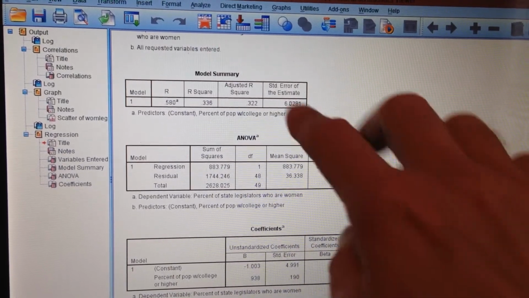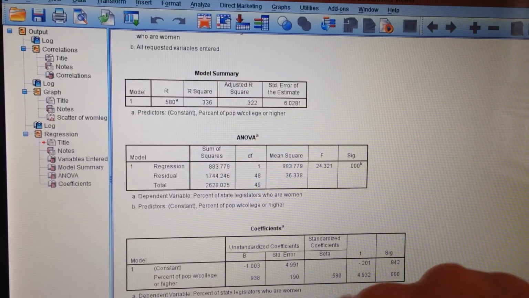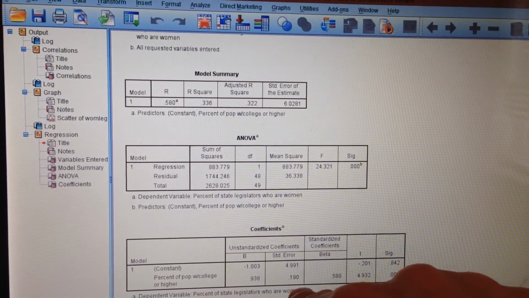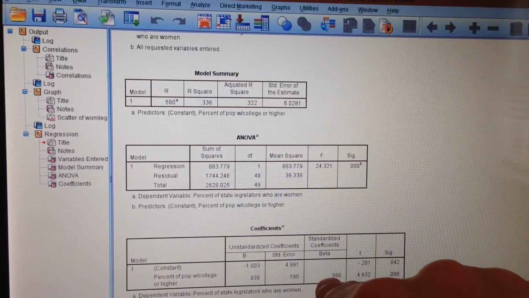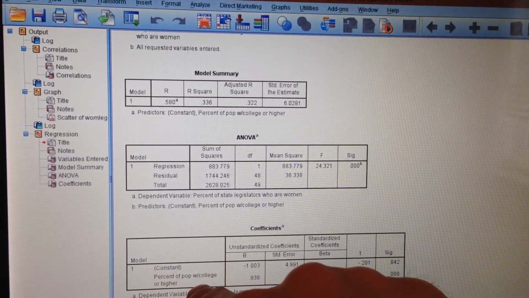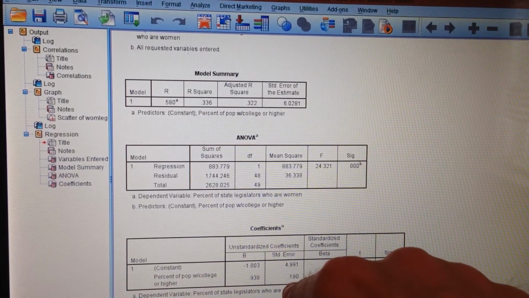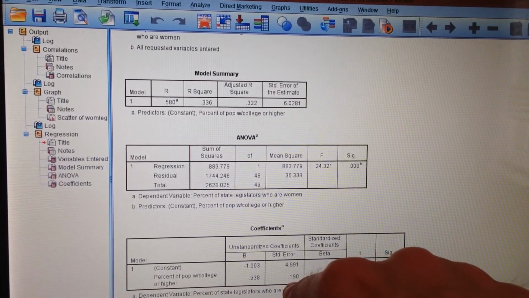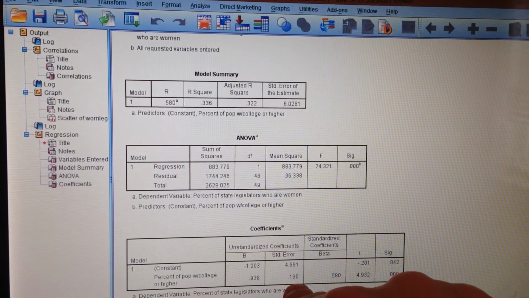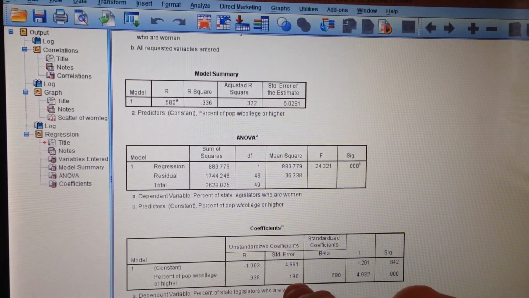SPSS, when you do regression analysis, spits out three boxes. This is box number one. This is box number three. I'm looking at box number three. I'm going to find percent of population with college or higher. I'm going to look at the standard error. Read it the same way as you read the sig 2-tailed test in correlation. So this is 0.19.